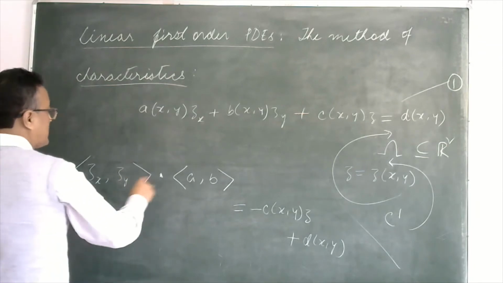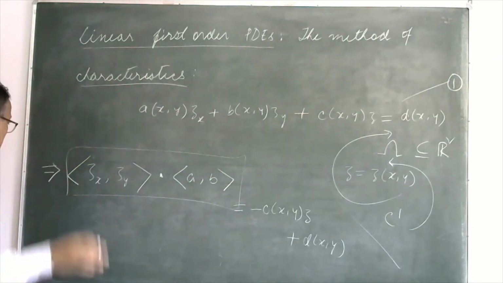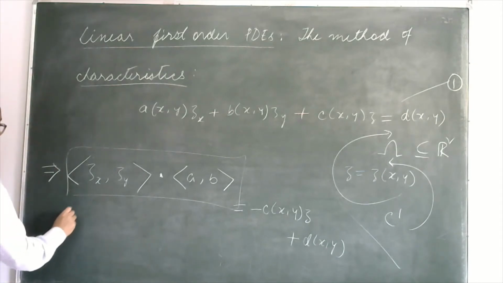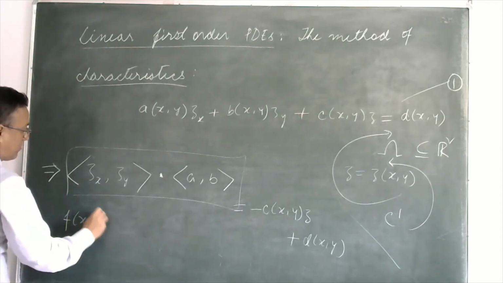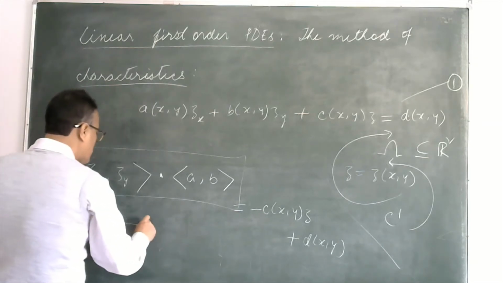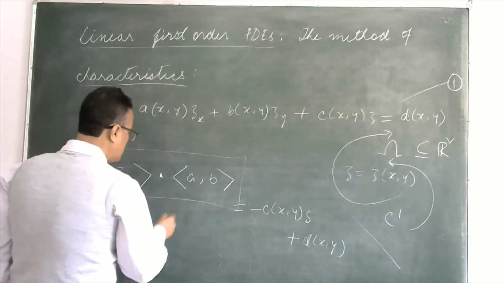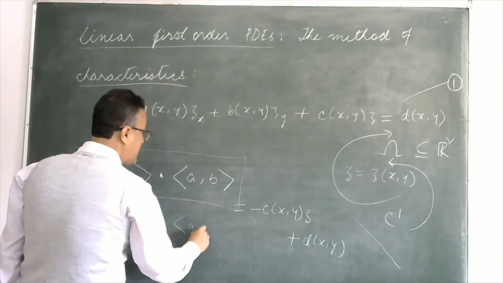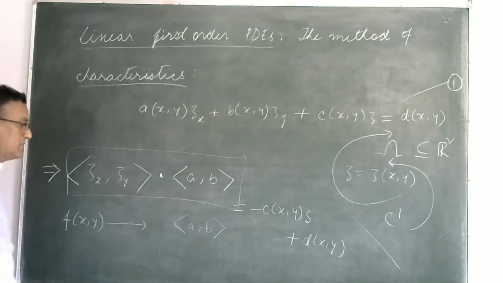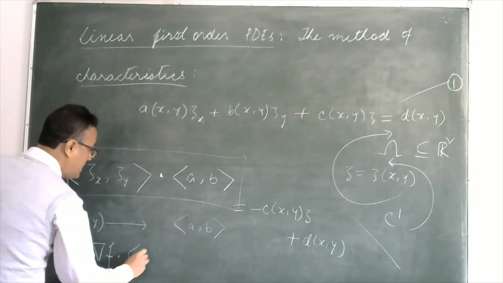Basically, if you consider a function of two variables, say f(x,y), then you recall that the directional derivative of this function along a vector (a,b) is simply given by grad f dot (a,b).